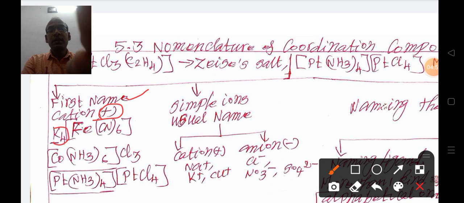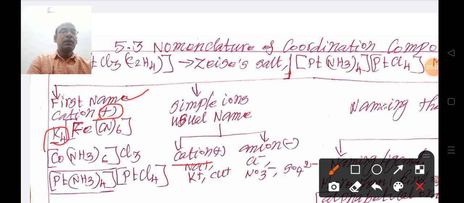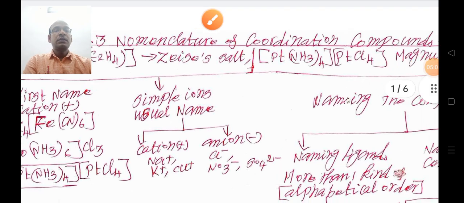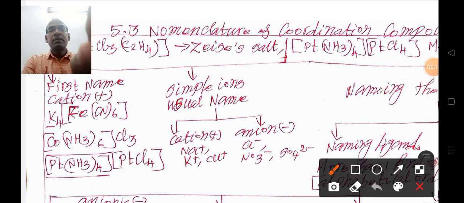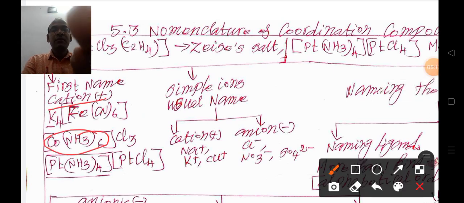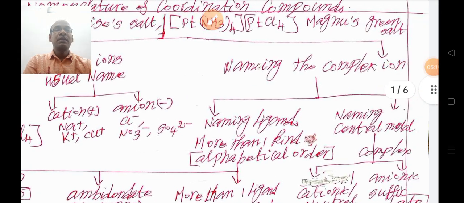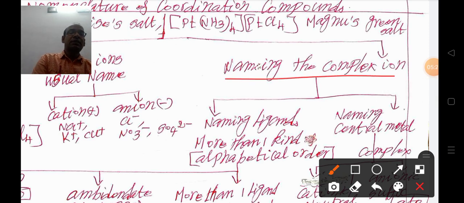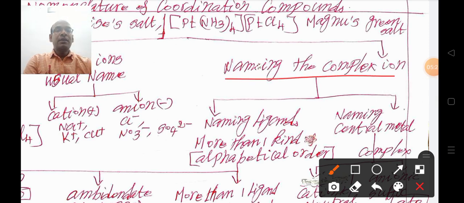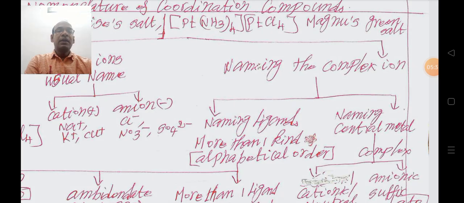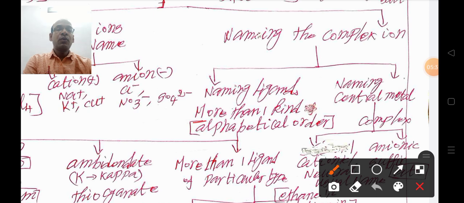If it is a simple ion, the usual name is used. Suppose the cation is a complex ion, then the naming method of complex ion is followed. In a complex ion, the ligands are named first. If there is more than one kind of ligand, use alphabetical order.